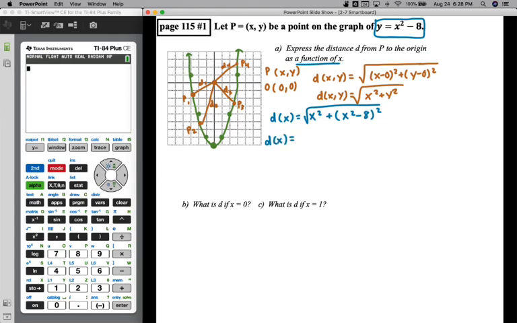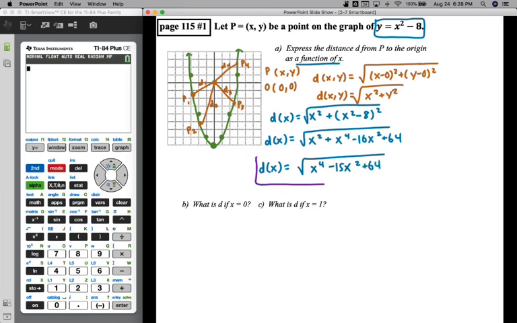So when I FOIL x squared minus 8 squared, we end up with the square root of x squared plus x to the 4th minus 16x squared plus 64. And then I've got to combine like terms here. So when I combine like terms, we end up with our final answer as the square root of x to the 4th minus 15x squared plus 64. That is our distance equation in terms of x and x alone.